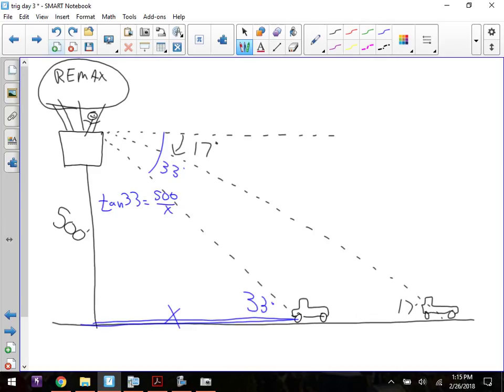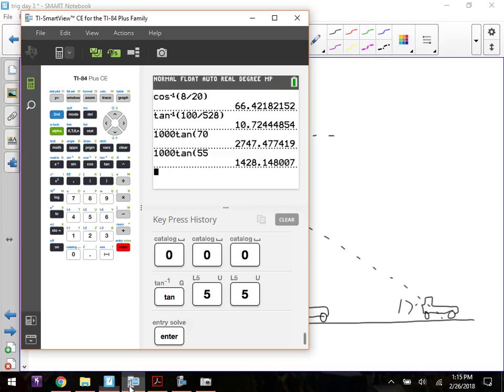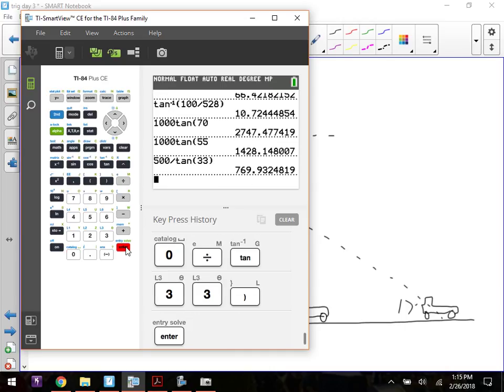When my unknown is in the denominator, what do we do? We switch them, a little exchange-o, change-o. So this horizontal distance will equal 500 divided by the tangent of 33. 500 divided by the tangent of 33 is 769.93.